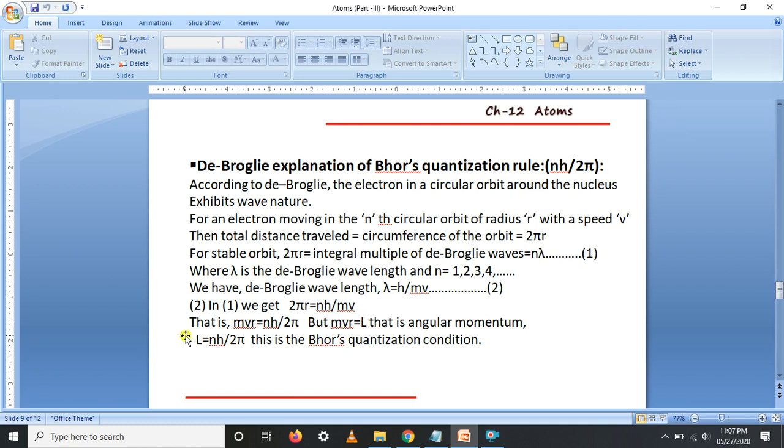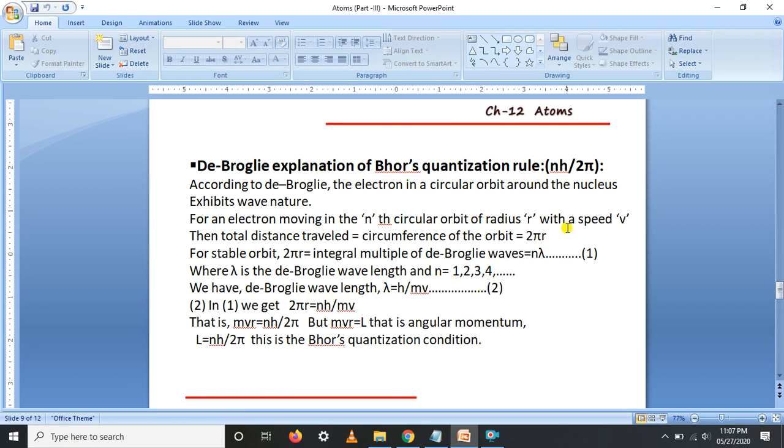Suppose 2πr is equal to nλ is equation number 1, and according to de Broglie, the wavelength λ is equal to h divided by mv, equation number 2.